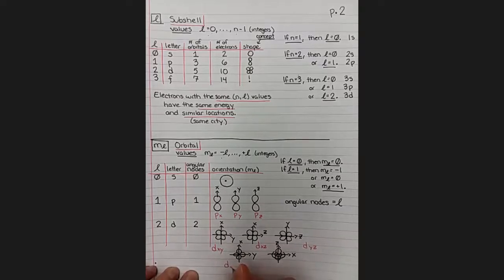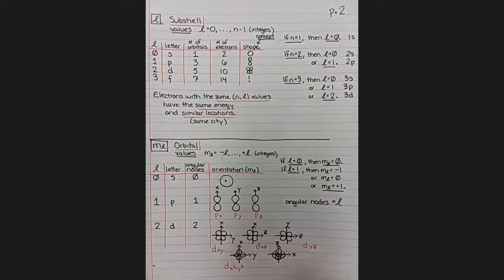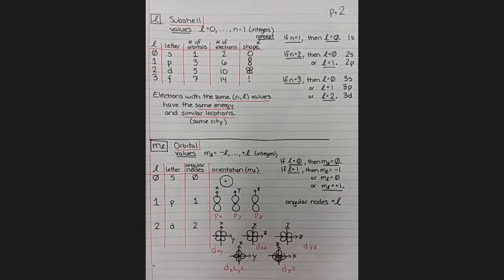So this one is dx squared minus y squared for quantum mechanical reasons. And this one, the p orbital on the z-axis with the hula hoop, we call that dz squared. So there's 5 different flavors of those d orbitals.